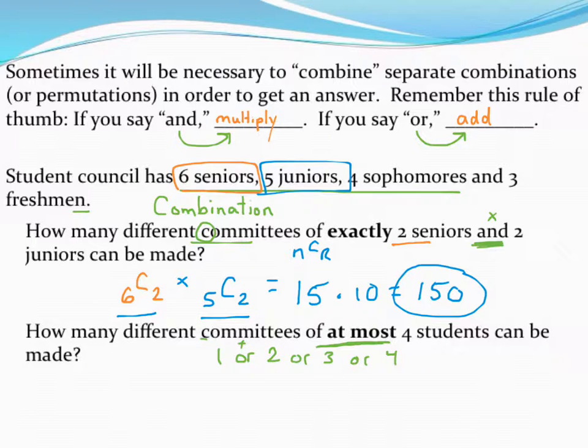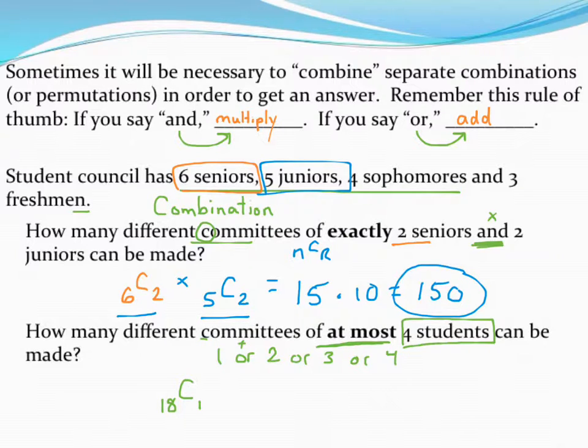Once again, we're still working with committees, so I'm still doing a combination. This time, though, I'm selecting just from students, so I don't have to worry about a specific class. Adding up the totals from the breakdown above tells me I'm working with a pool of 18 students. The committees I can form of 1 student are represented by 18C1; I want to pick 1 student out of the group of 18.